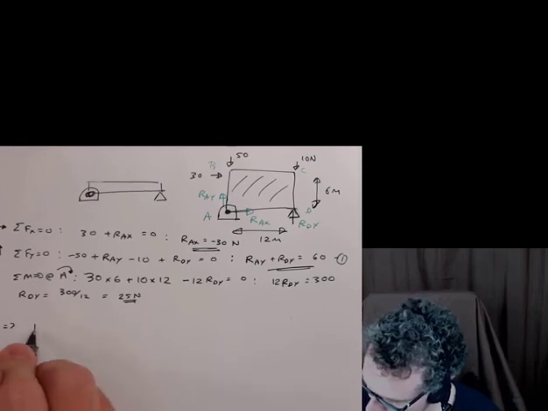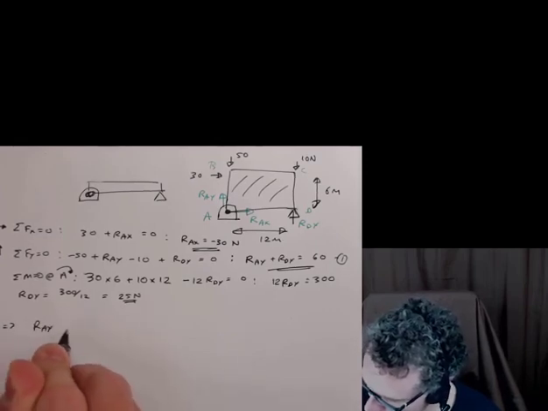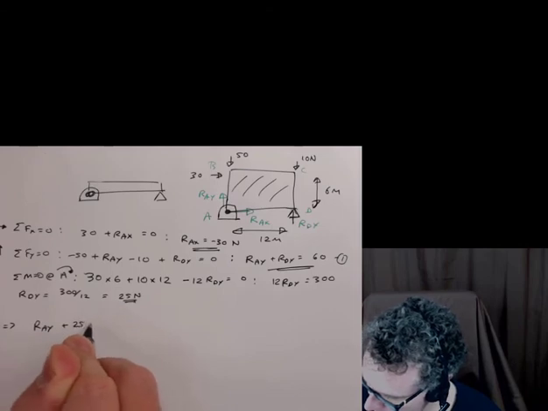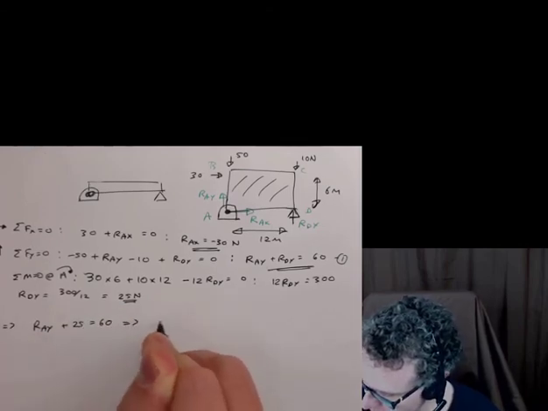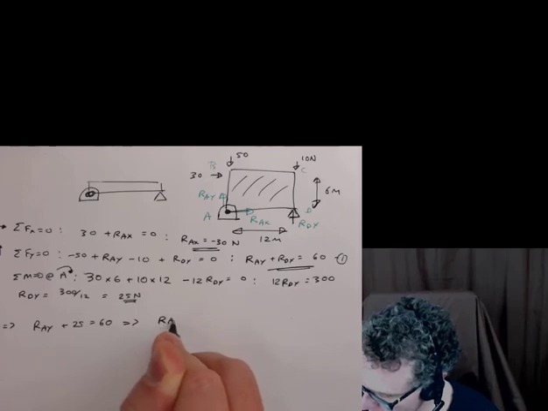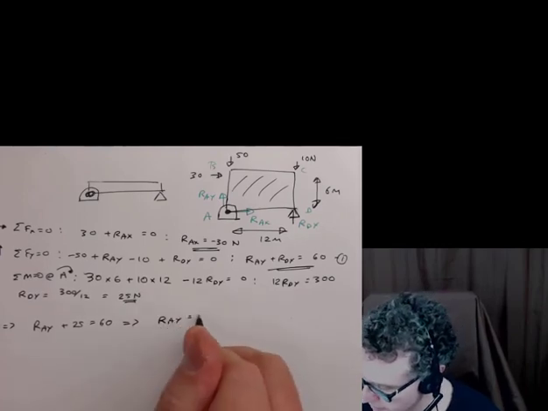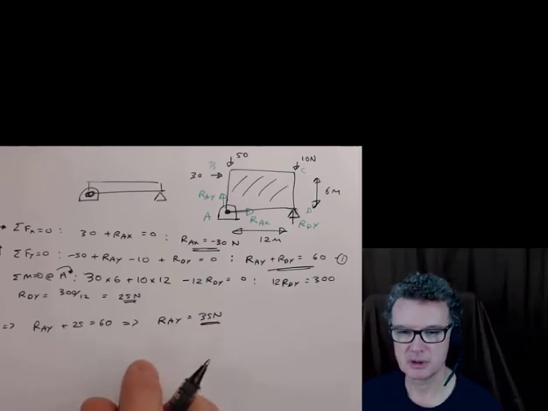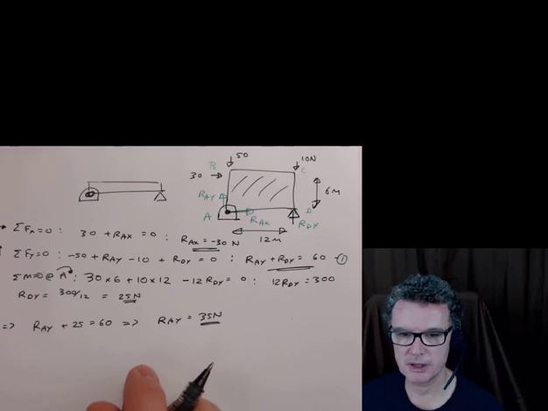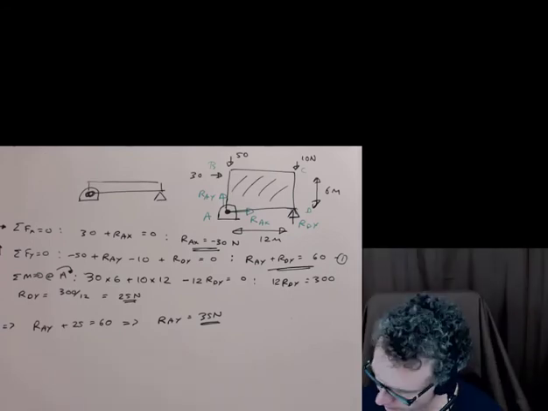Therefore, we can say that RAY plus 75 equals 60. So therefore, we got RAY equals minus 15 newtons. And I didn't bother to work it out in my solution.